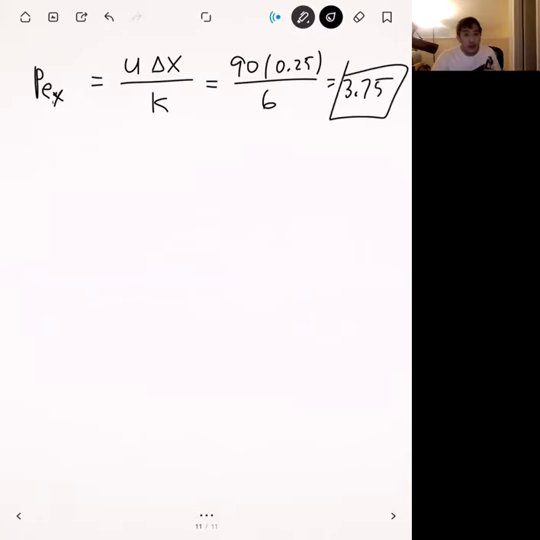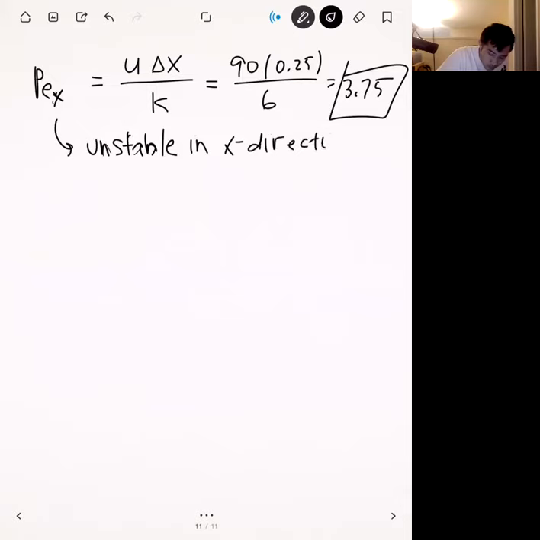And so what that tells us is that with the grid the way that it is, we're going to get an unstable solution because of the X velocity. And in order for our solution to be stable on this grid, let's assume that we can't change the grid, so we can't just make the delta X smaller.